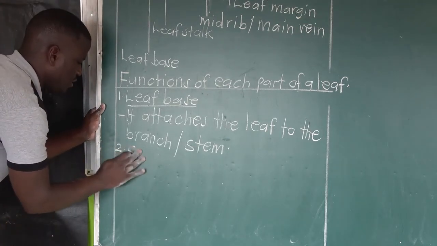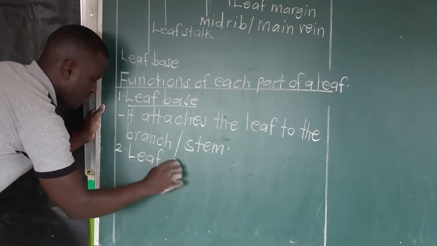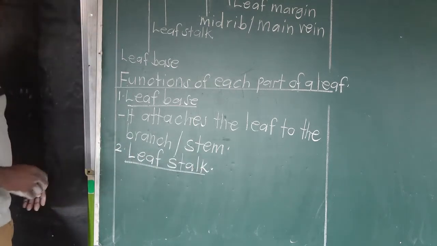Number 2 is the leaf stalk. You underline it.